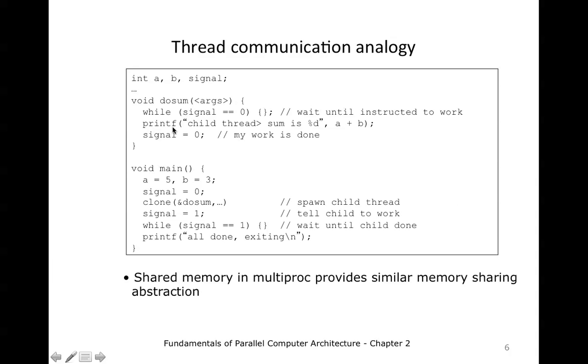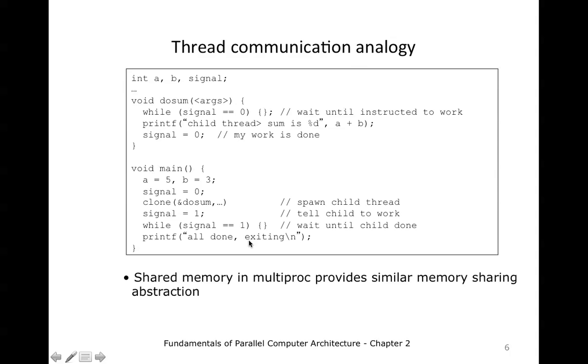So the child thread will go and print the sum of A and B, and then set the signal to 0, indicating my work is done. Whereas the parent will be waiting for the signal to turn to 0. After that, it will print all done and then exit.